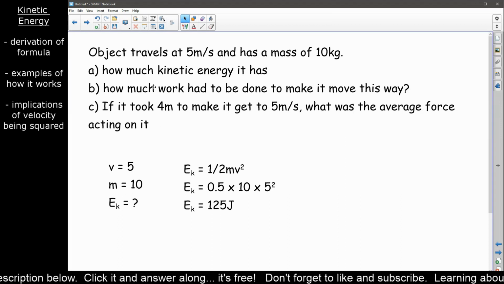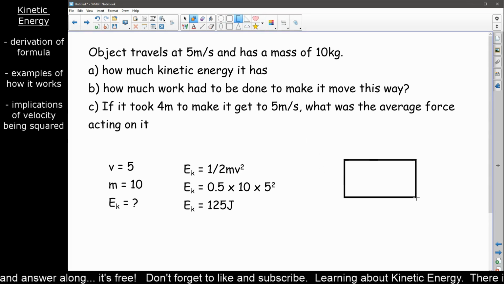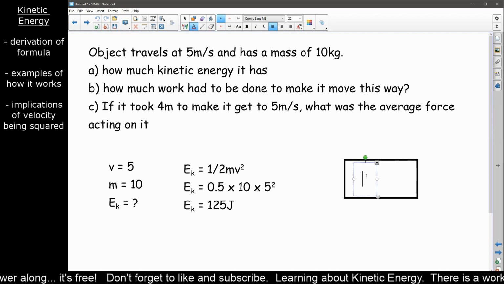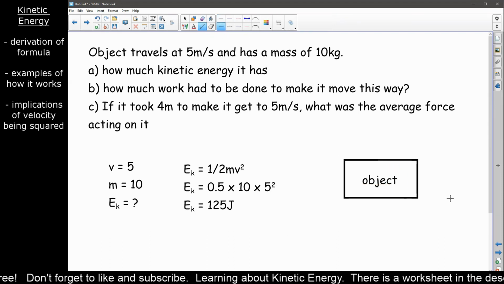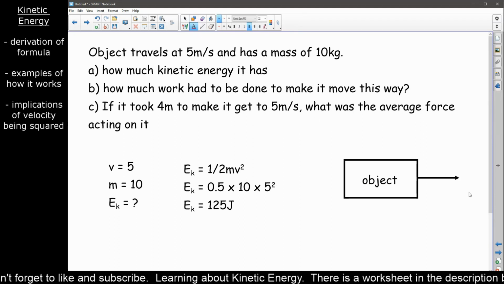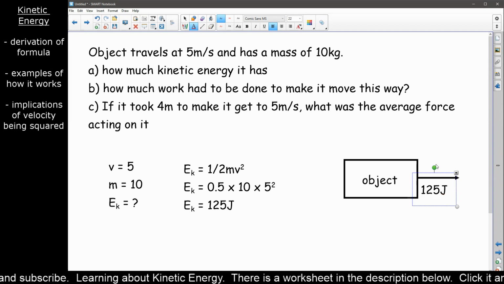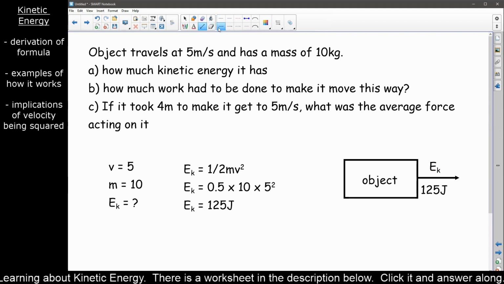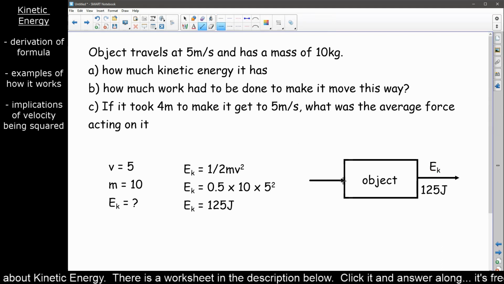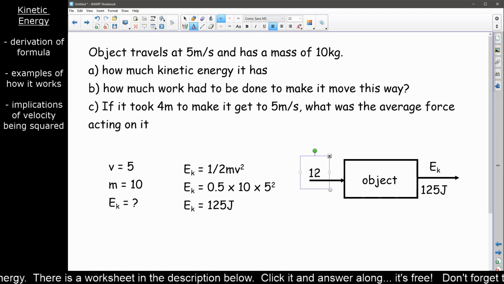Now, how much work had to be done to make it move this way? This is a straightforward 1 mark question, but you need to understand what's happening here. If this is our object, what's usefully coming out of this object is 125 joules of kinetic energy. So some amount of energy had to go into this object, and at a minimum, that had to be 125 joules as well.